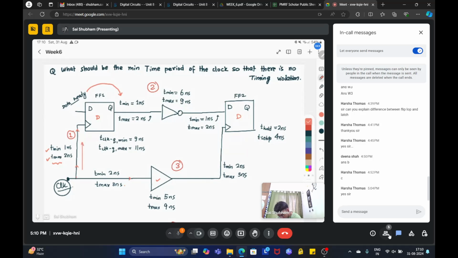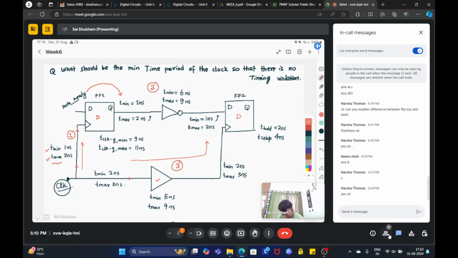The clock is there and this is one path, and another path is this path. So the clock will reach these two D flip-flops at different times. Ideally, they should reach at the same time, but since in this case it is reaching at different times, it can lead to some violations.